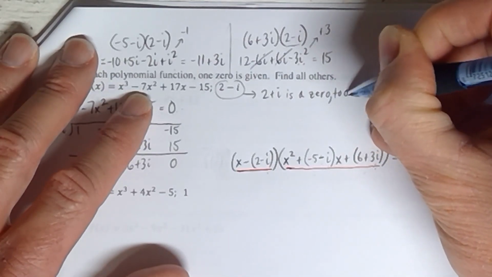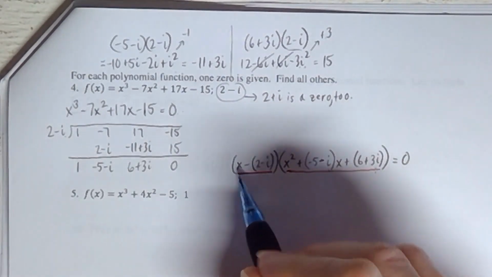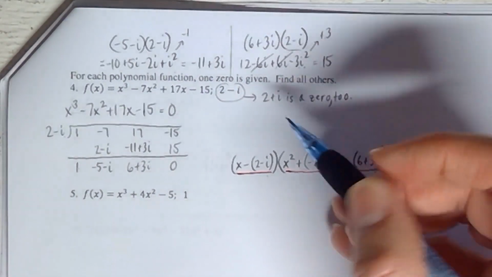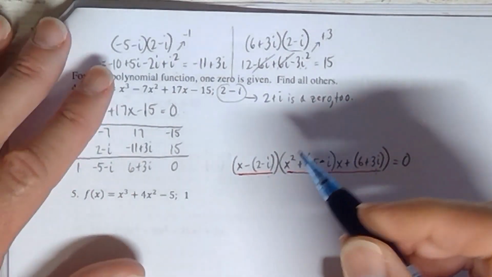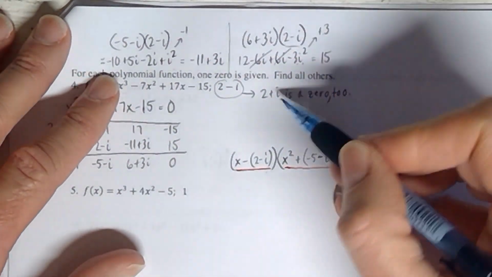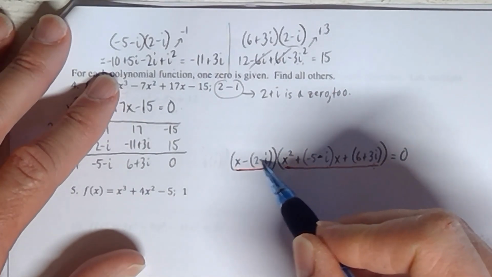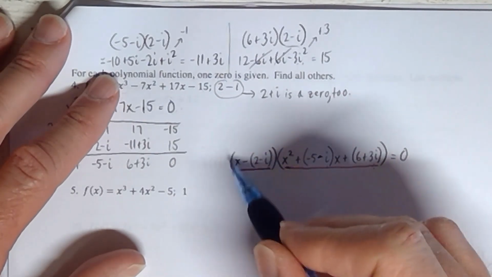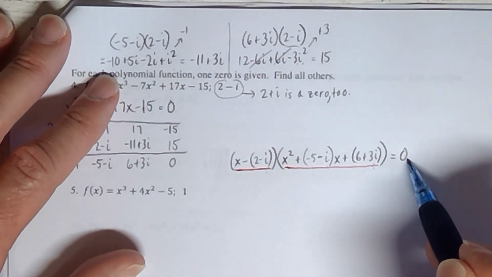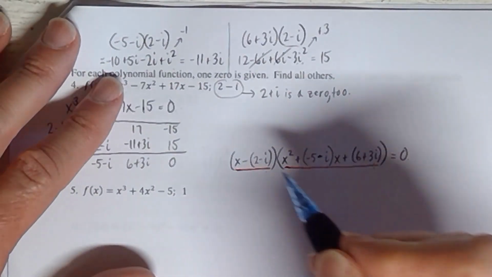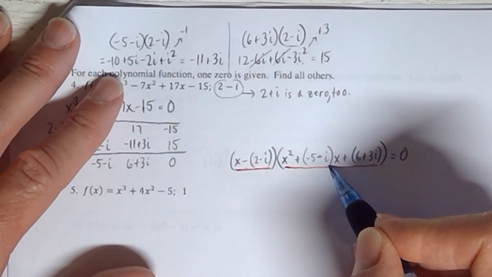Okay? Now here's the thing. This factor right here is a factor that if I were to plug 2 plus i into that, that would not make this factor equal to 0. And when you have two brackets that equal 0, it is true that either the first one has to equal 0 or the second one does.